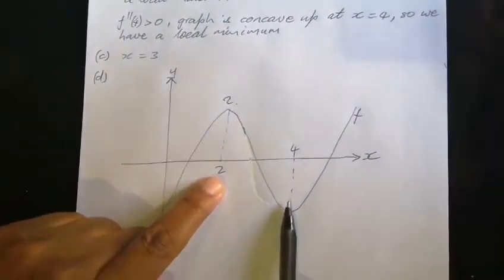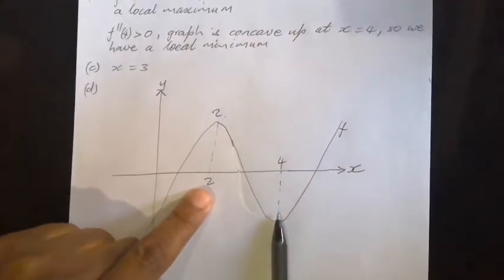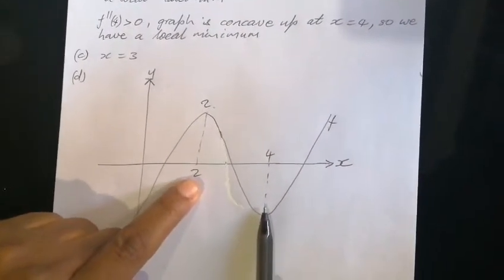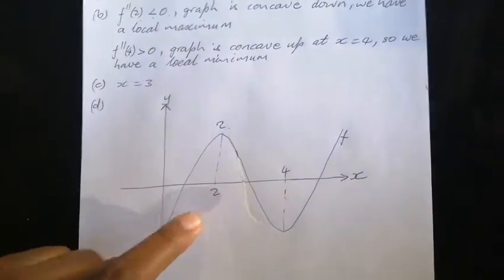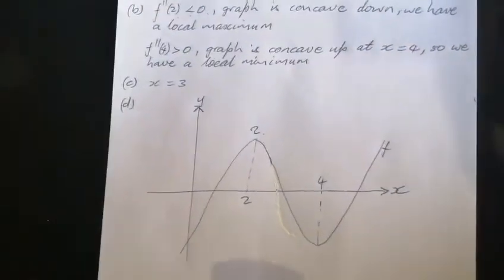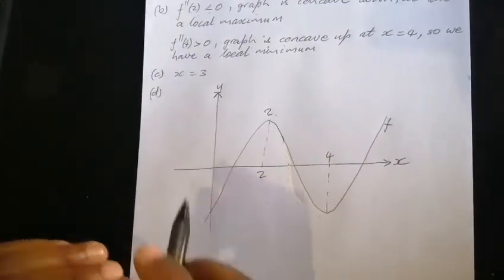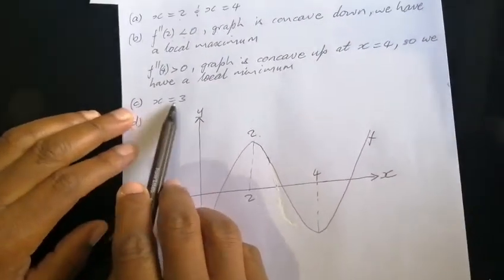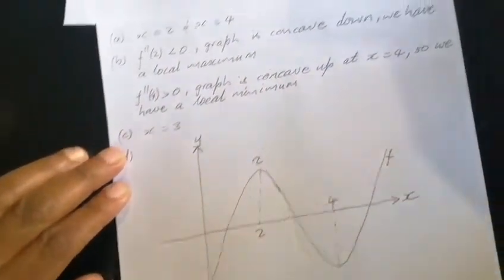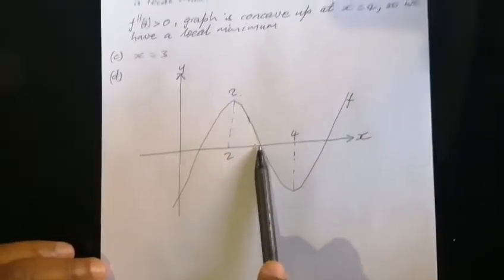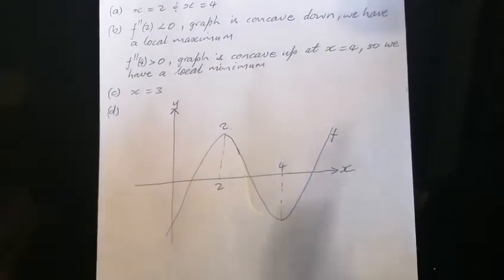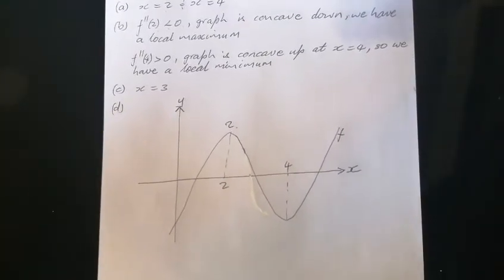Midpoint theorem, we add the 2 and divide by 2. So it's 2 plus 4, which gives us 6. 6 divided by 2, we get 3. So that is why our x is equal to 3. Please get to understand that the point of inflection is always equidistant from the turning points.